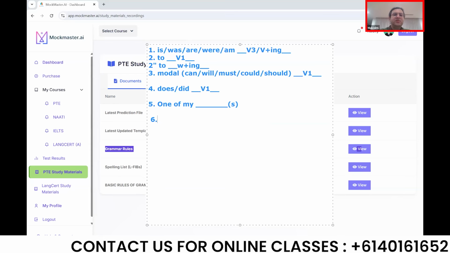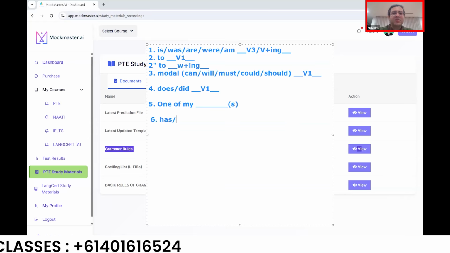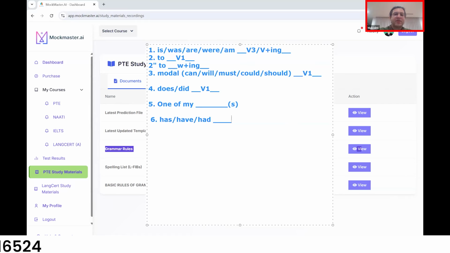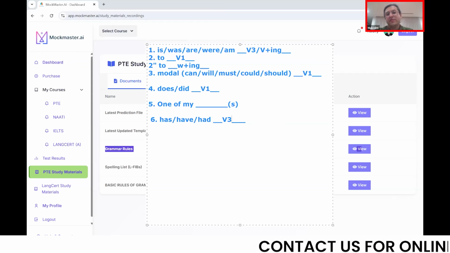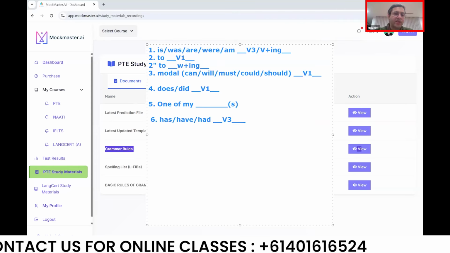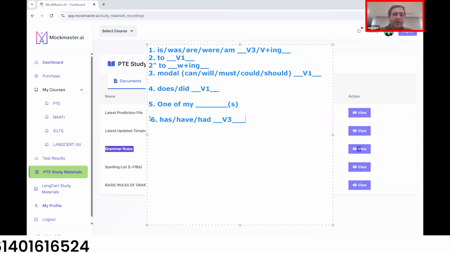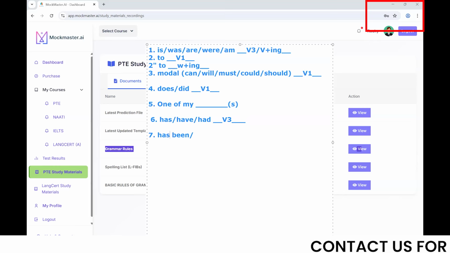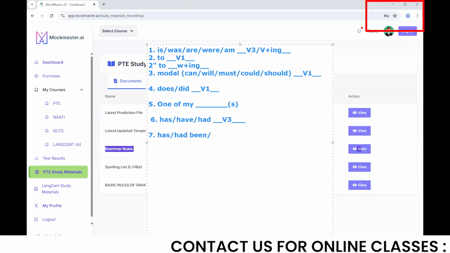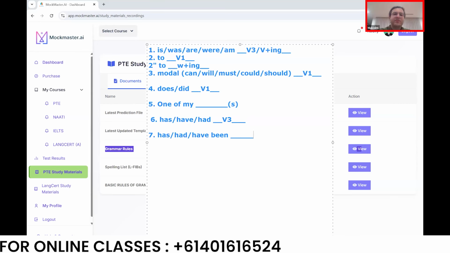Next is after has, have, had. If it is a verb, generally it will be V3, ending with -ed, -en or -t. And if it is after has been, have been, had been, which form will come?